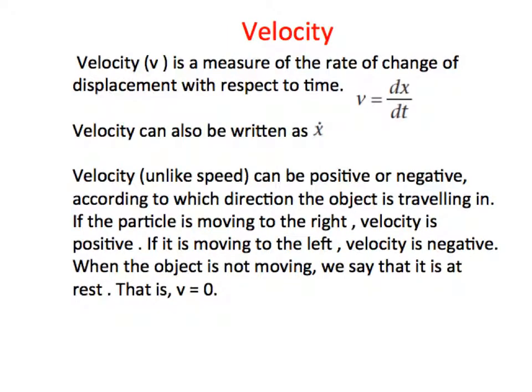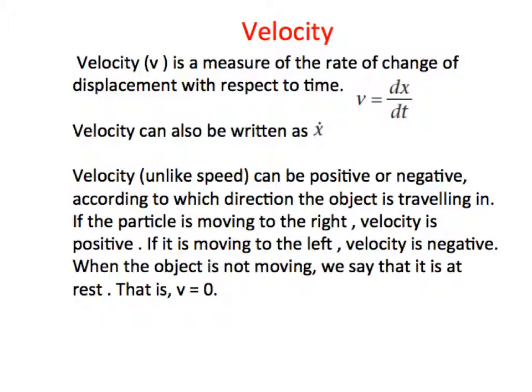Then velocity. We can think of velocity like speed, but unlike speed, velocity has both magnitude and direction. And it is a measure of the rate of change of displacement with respect to time. So you can think of it as being the first derivative of displacement. Sometimes you can see it in this notation, v equals dx/dt, or you can also see it in this new notation, x with a dot above it.